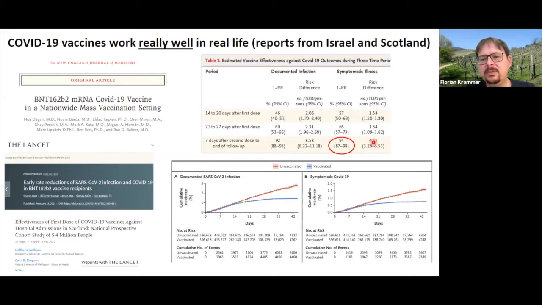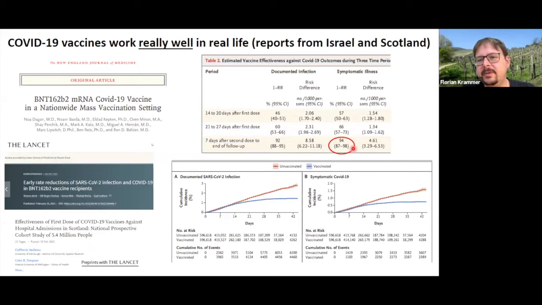But then when you start to use a vaccine in the population, you can also measure how well it works. And we call that effectiveness. So there's efficacy from a clinical trial and effectiveness in the population. And effectiveness is usually a little bit lower than efficacy. But now we're starting to get data mostly from Israel, but also from Scotland, that suggests that the effectiveness is almost as high as the efficacy.